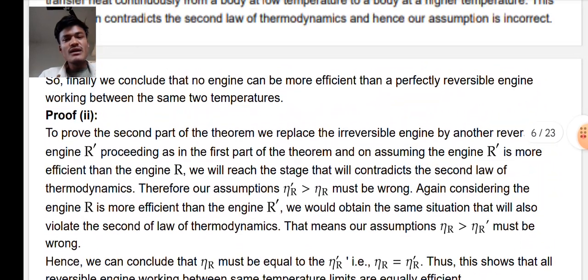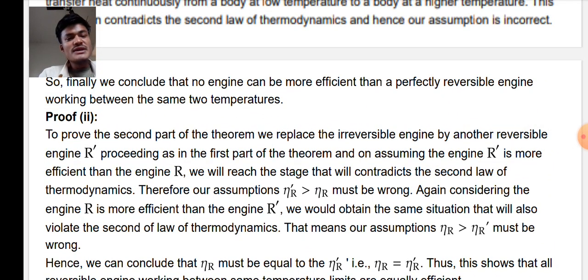Proof number 2. To prove the second part of the theorem, let us replace the irreversible engine by another reversible engine R dash. Proceeding as in the first part of the theorem, and assuming the engine R dash is more efficient than the engine R, we will reach a stage that contradicts the second law of thermodynamics. Therefore, our assumption eta R dash is greater than eta R must be wrong.